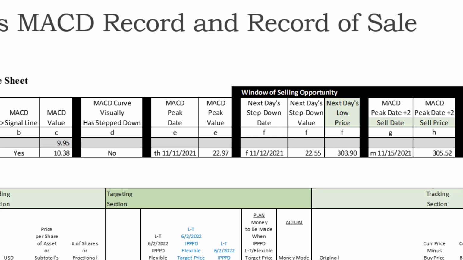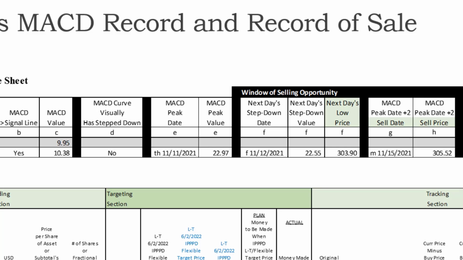F. In the next three columns, enter the next day's step down date, Friday, November 12th, 2021, MACD value, 22.55, and from the top of the price history graph, the low price.